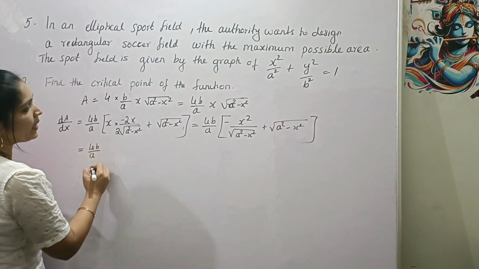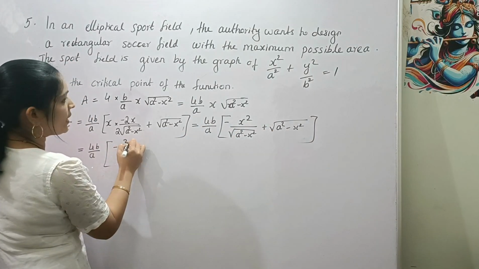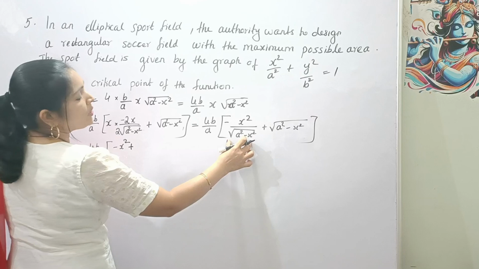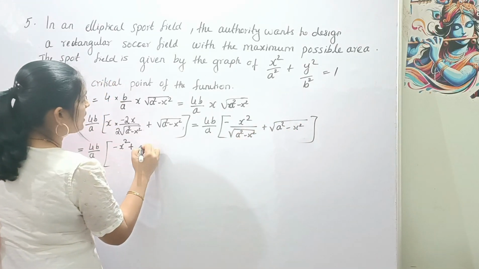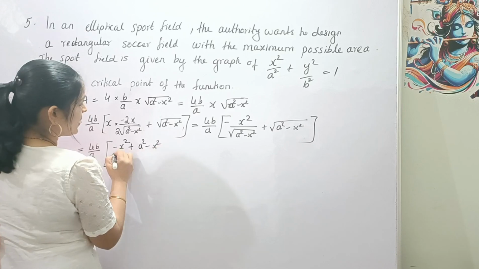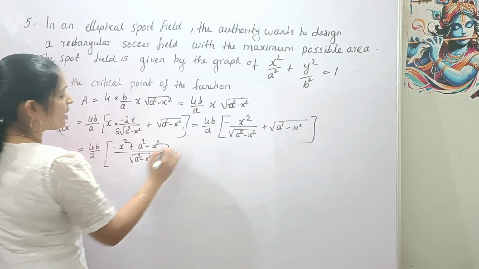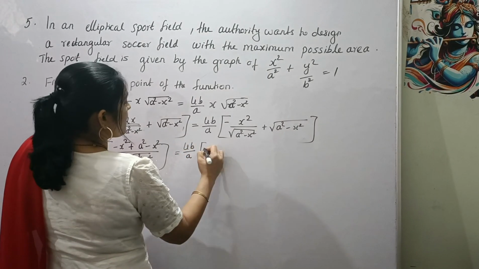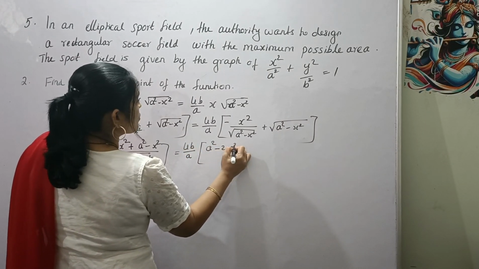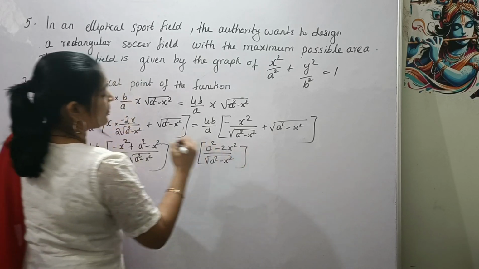Okay, so 4b/a, here take LCM, so −x² + √(a² − x²) into √(a² − x²), it will be (a² − x²)/√(a² − x²), right? Now it will be 4b/a into (a² − 2x²)/√(a² − x²).